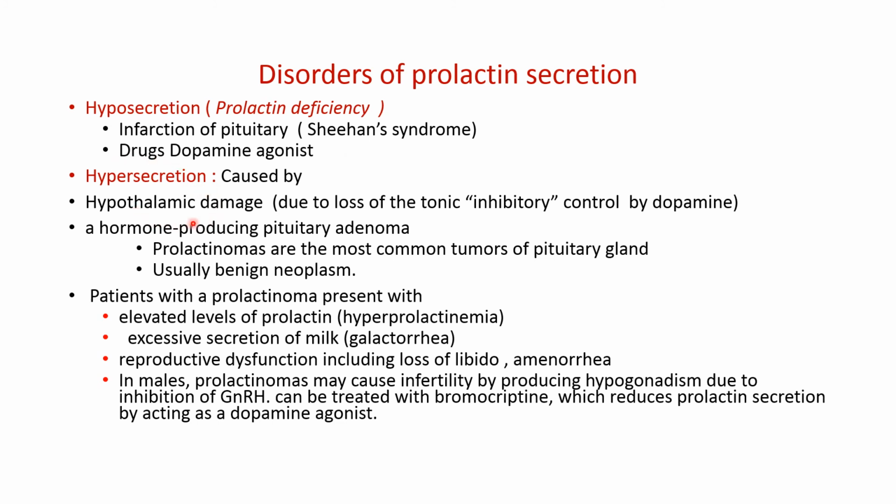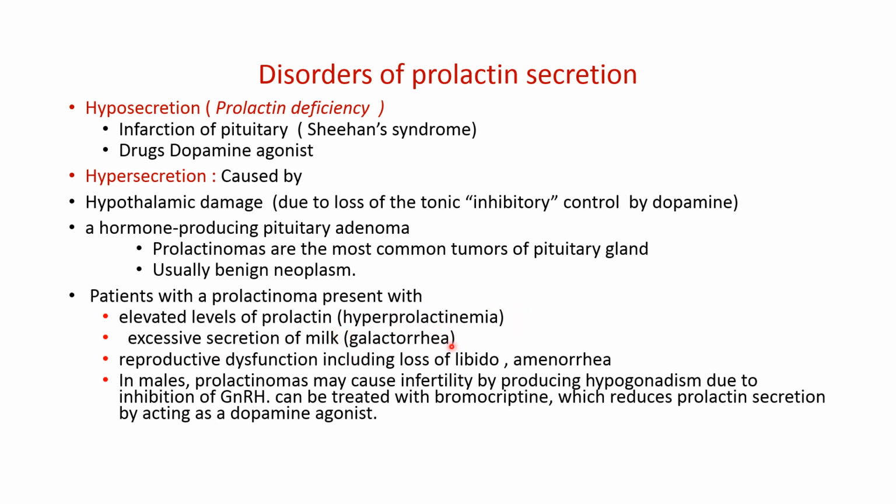Hypersecretion could be due to hypothalamic damage and the loss of the inhibitory control by dopamine. It could be a hormone-producing pituitary adenoma. This is actually the most common, and they are usually benign.